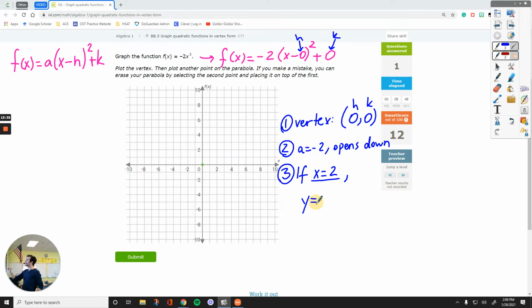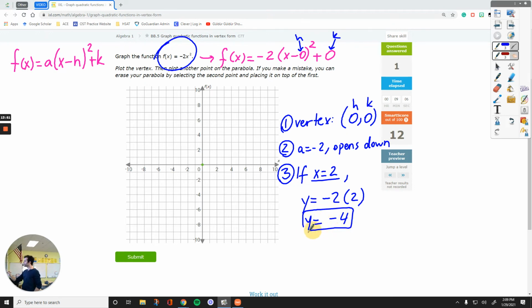So then the equation is going to become, let's just do the right side. F of x is y. Right side, this is what I have in the original expression, -2 times the number that I'm plugging in for x. So basically y is going to be -4.